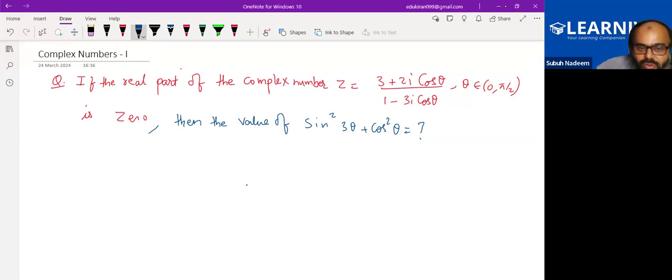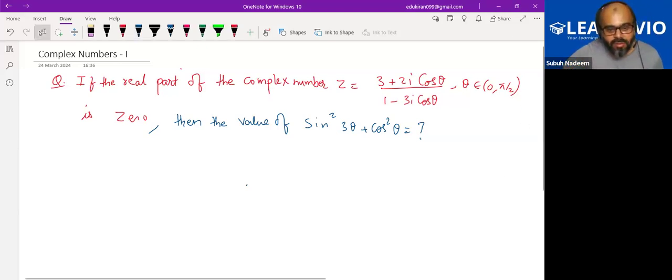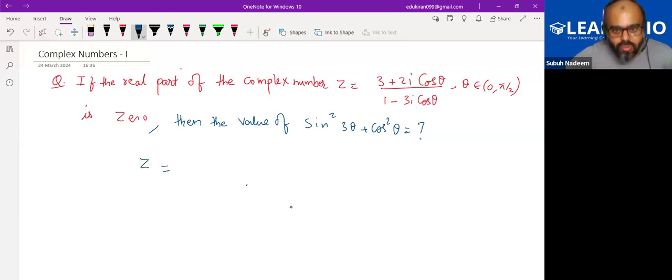Yeah. So this complex number z is having real part 0. So first of all, you will change this complex number z to the x plus iy form.